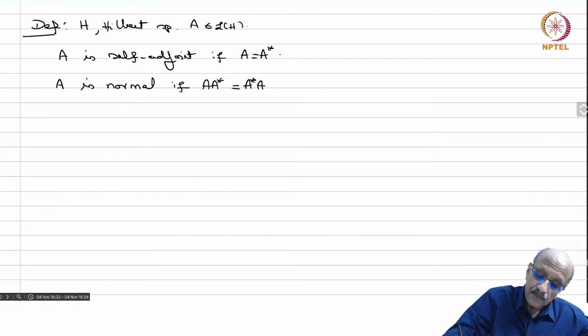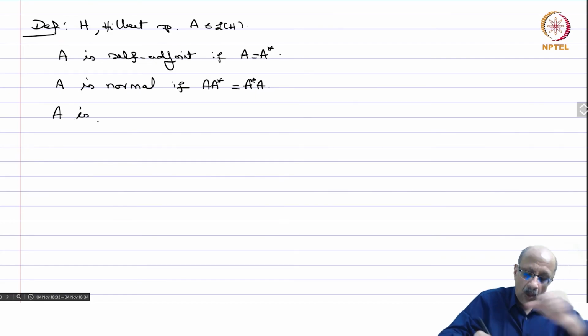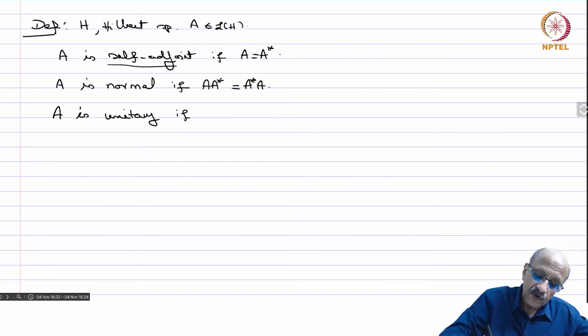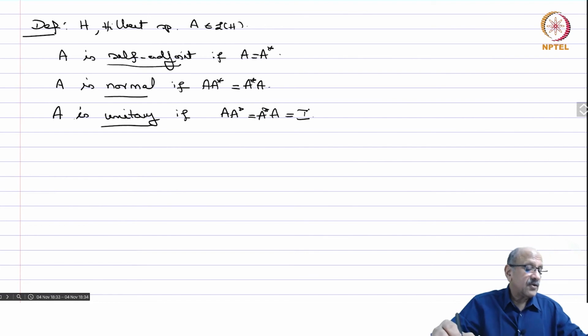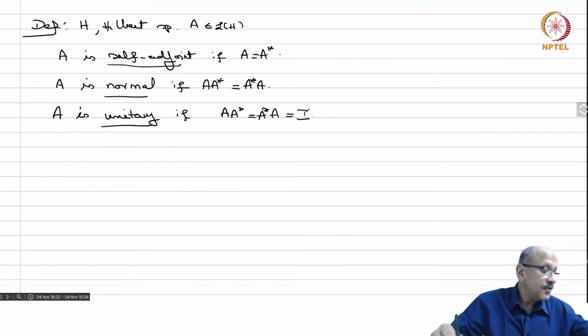So self-adjoint is in particular normal. And A is unitary, so self-adjoint, normal, unitary, it is called a unitary operator if A star A equals A A star equals identity. So this is the standard definition of this thing.